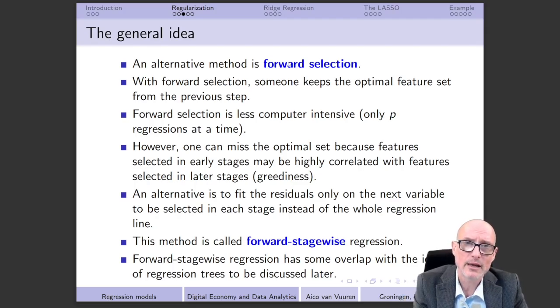And instead of running a regression of yi on these two features that we have in alpha equal to 2, we're simply going to run a regression of the residual on a potential new feature.